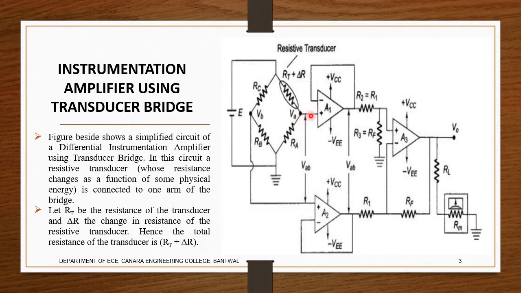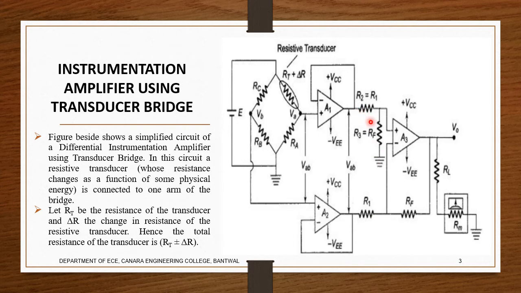So VA at this terminal and VB at this terminal are connected to op amps: VA to a non-inverting amplifier, and VB connected to amplifier A2, which is also an inverting type.